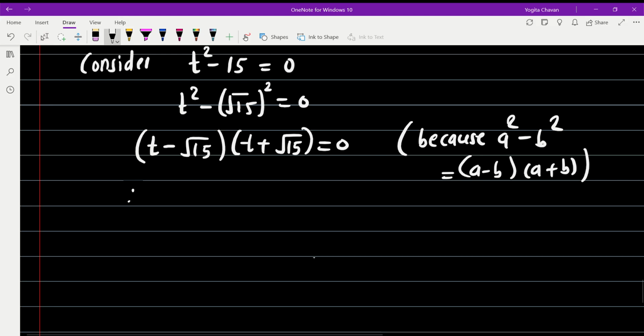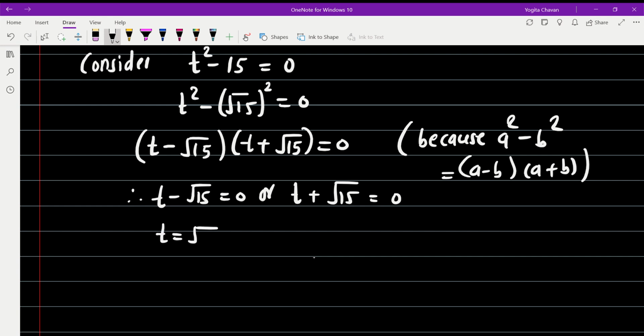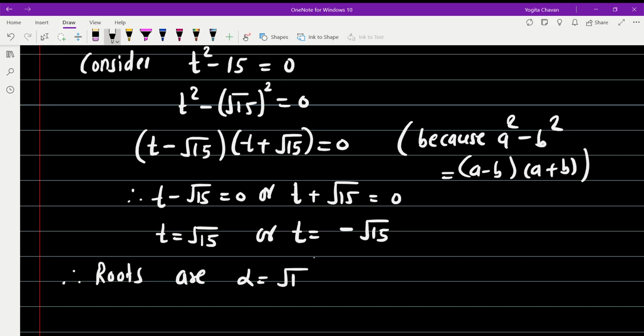Therefore t minus square root of 15 is equal to 0 or t plus square root of 15 is equal to 0. Therefore t is equal to square root of 15 or t is equal to minus square root of 15. Therefore roots are alpha is equal to square root of 15 and beta is equal to minus square root of 15.